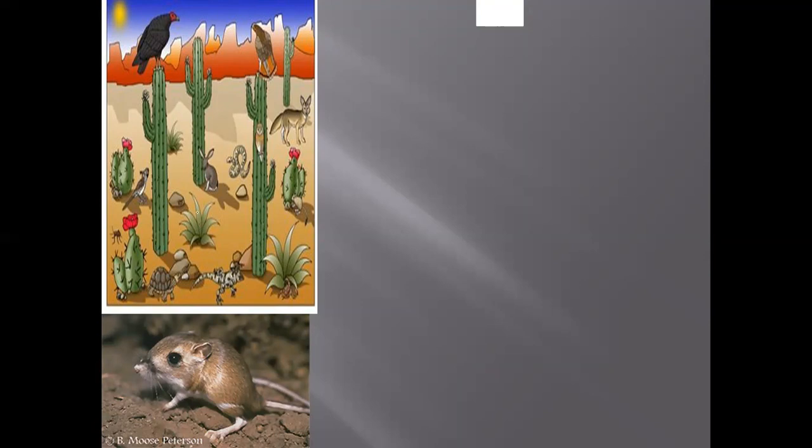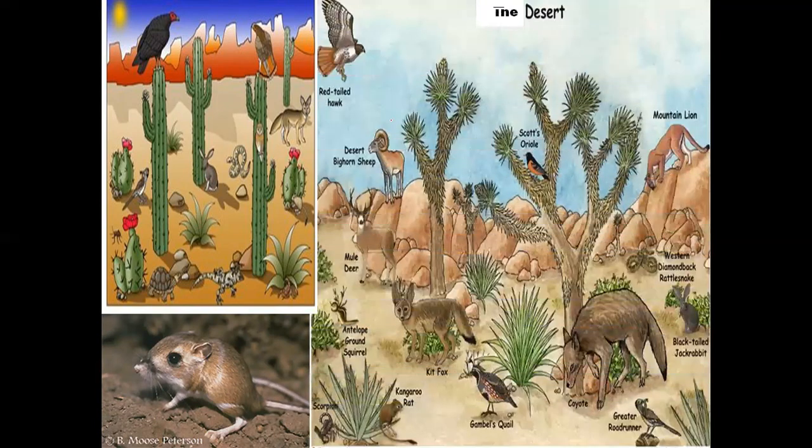The water is not escaped from the body. If you see what these organisms are, they live in very dry places. This is kangaroo rat, this one also kangaroo rat, scorpion, antelope, ground squirrel. Different types of animals have hard and tough skins to protect themselves from scorching sunlight, as well as from the escaping of water.